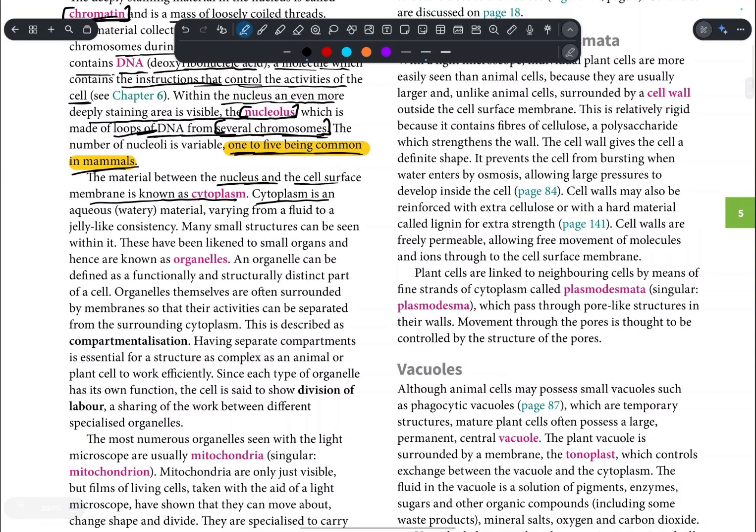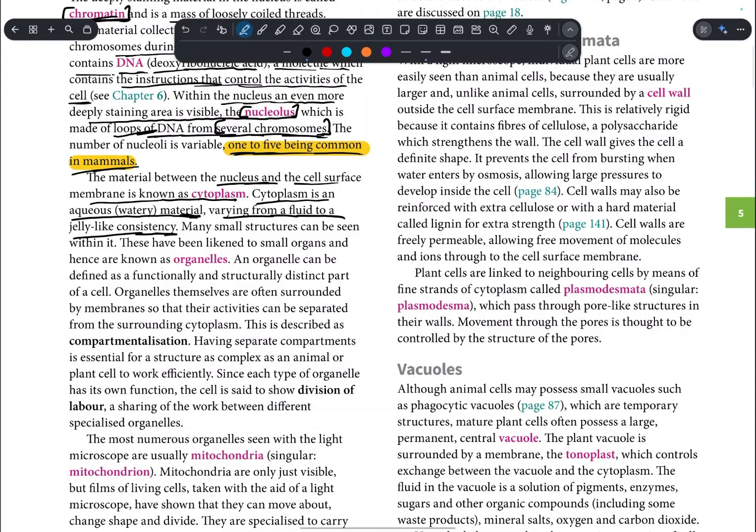Cytoplasm is an aqueous material varying from a fluid to jelly-like consistency. And how does it vary? If there are too many organelles in a single place, maybe there is a jelly-like substance. And if there are not too many organelles in a single place, then maybe there is a watery fluid, a solution which contains different amounts of substances.